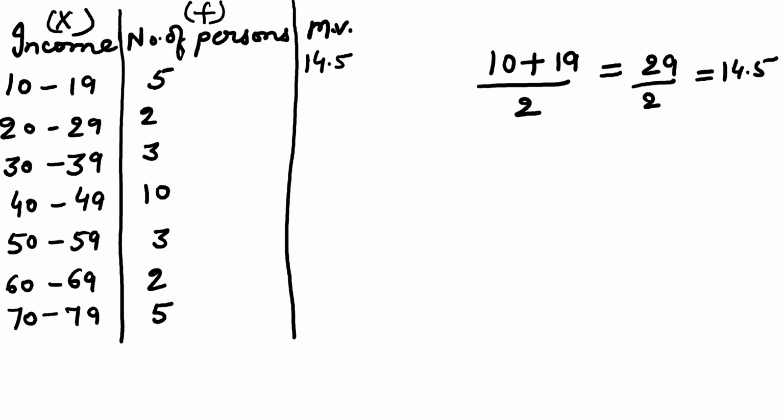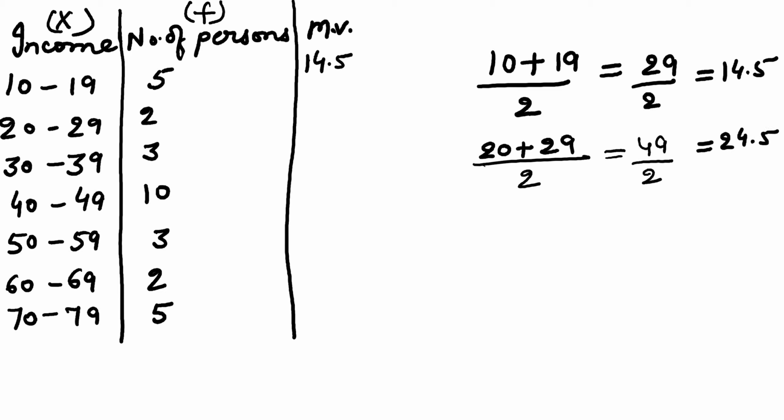Likewise, in the next class interval, there is a lower limit 20 plus upper limit 29. We will add these and divide by 2. We get 49 divided by 2, which is 24.5. So the next mid value will be 24.5.